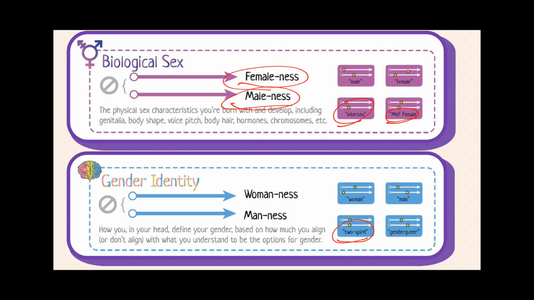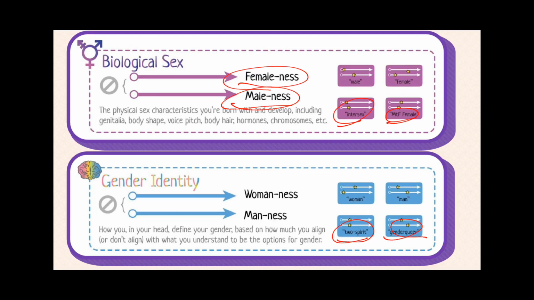And you also have genderqueer people. And genderqueer people feel like they do not have a specific gender. It can change through time. Some people call themselves non-binary, meaning they do not want to be fitting into a male or female. There are certain people who are agender, meaning they don't have a gender. So these are genderqueer.